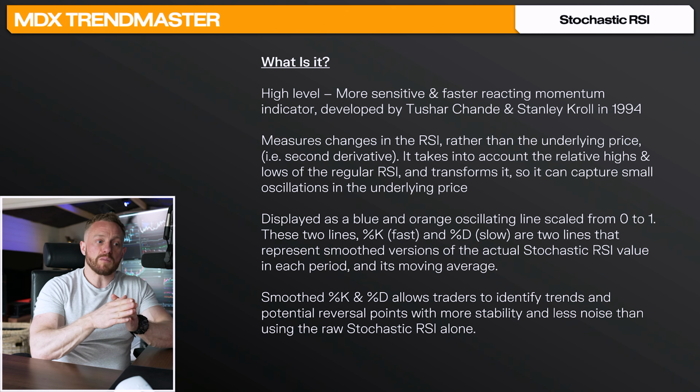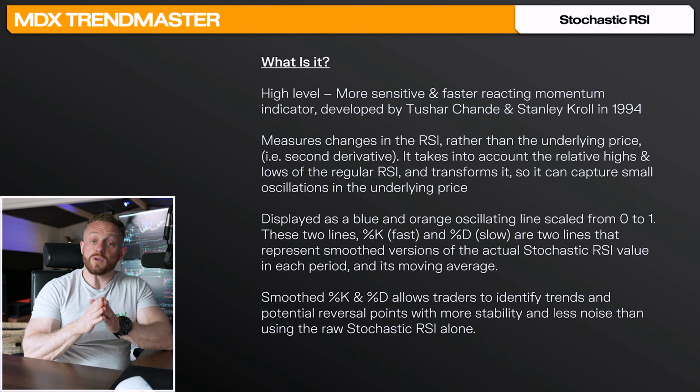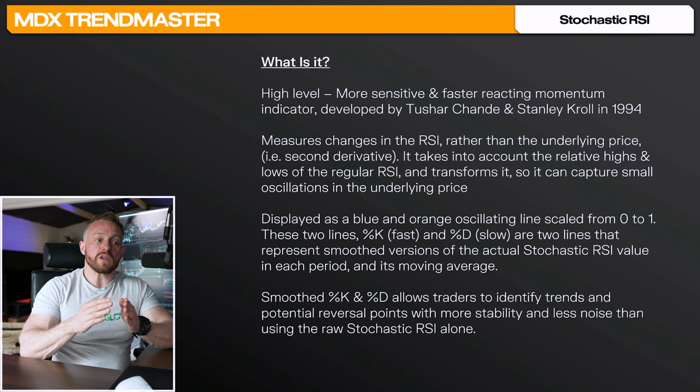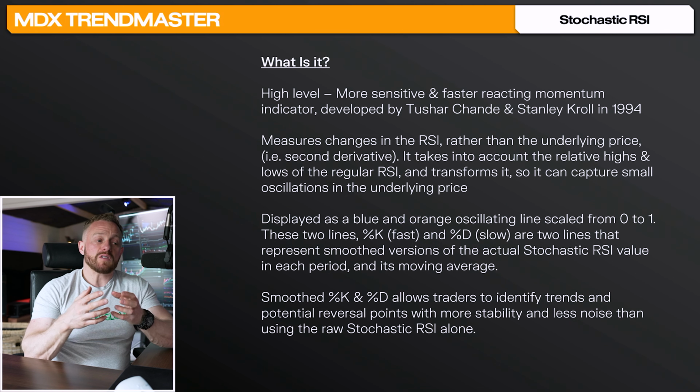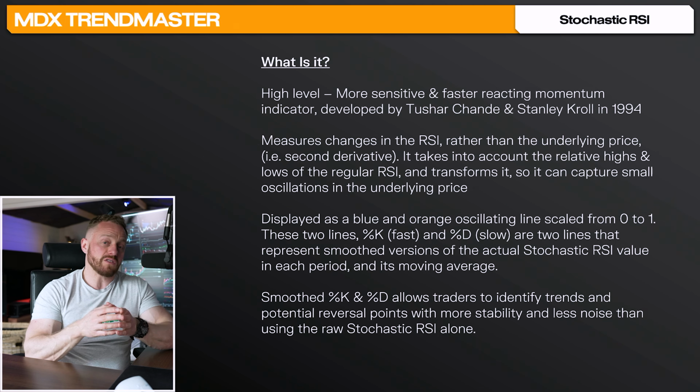It's displayed as a blue and orange oscillating line, also from 0 to 1, with the percentage K fast and percentage D slow lines that represent smooth versions of the stochastic RSI raw values in each period and its moving average. This percentage K and percentage D smooth lines allow traders to identify trends and potential reversal points with more stability and less noise than using the raw values alone.